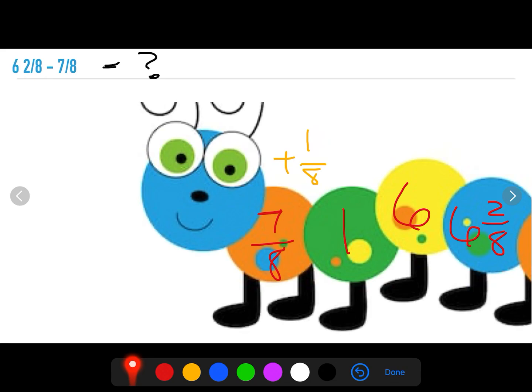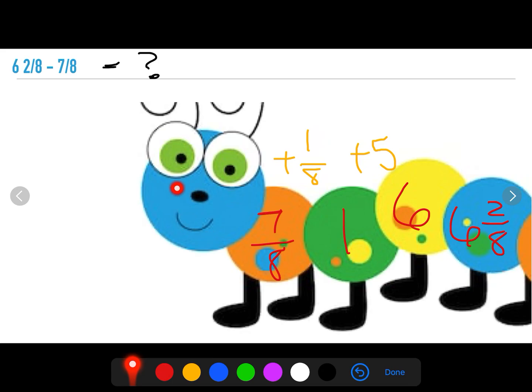Awesome job. I can count up 1 whole to 6 wholes. 1 plus blank equals 6. Fill in the blank. Absolutely. 1 plus 5 equals 6.